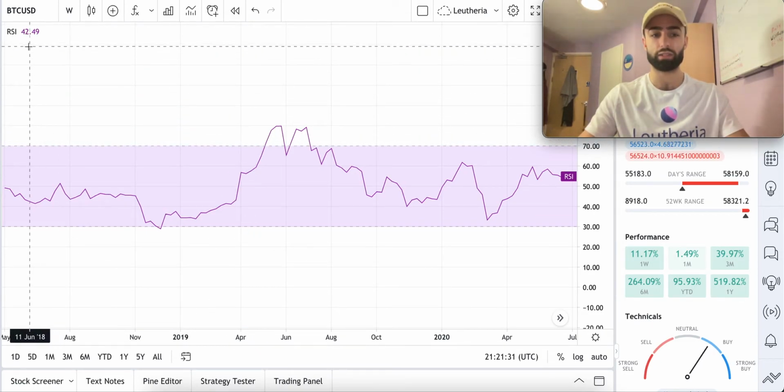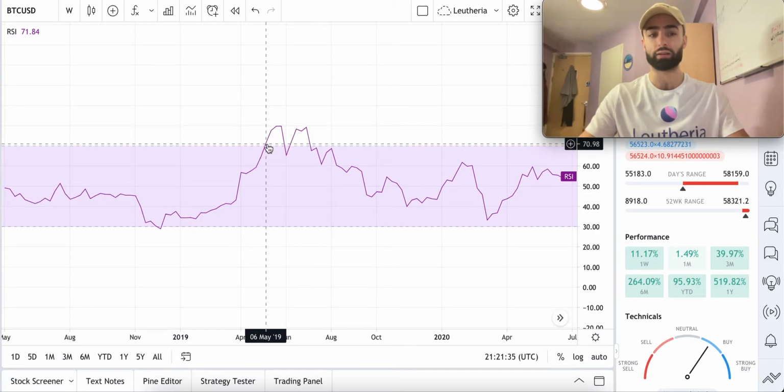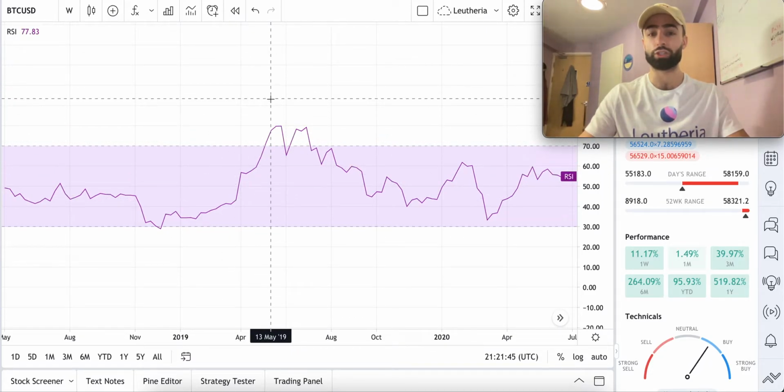You can see we have this number right up here, and that's telling us where the oscillator is at any given time. Right here, the oscillator is at 71.84. That is above the purple zone, and that means it's in this top white zone, which is the overbought territory. And the overbought territory is just telling you that, relatively speaking, there are far more buyers than there are sellers.